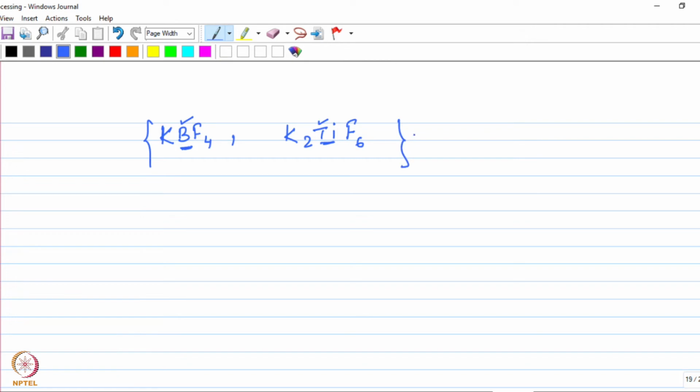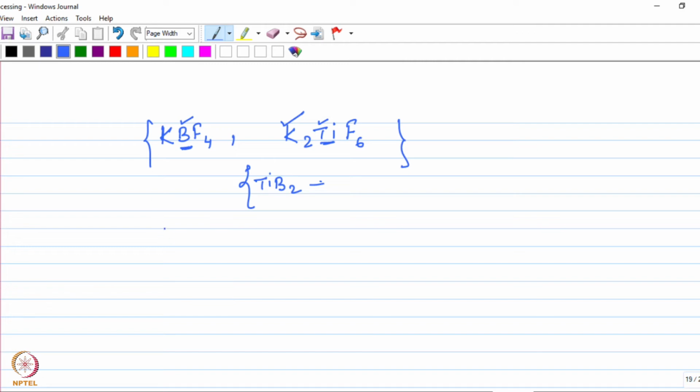So if you could add these two in the correct proportion corresponding to the volume fraction of TiB2 which is needed, then K2TiF6 will release titanium, and KBF4 will release boron, and then they will combine at the processing temperature to form TiB2 particles. And the reaction can be as follows.